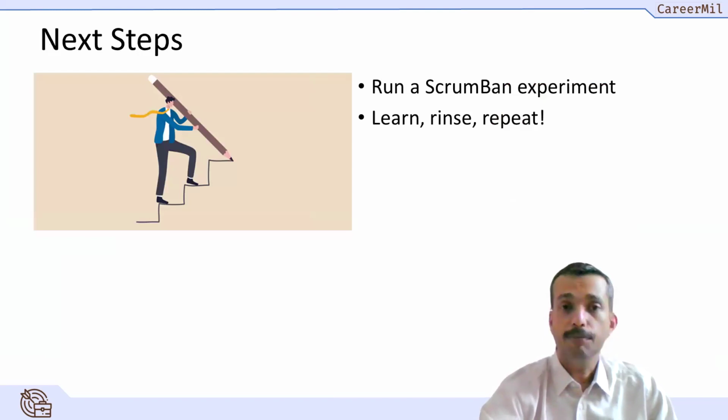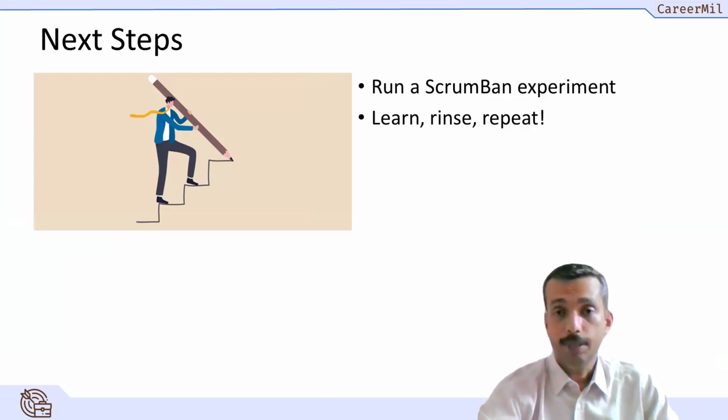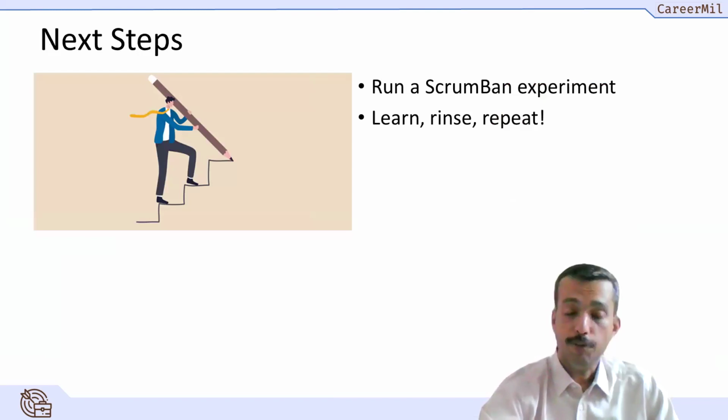Help the team first of all understand the need for it, and hopefully they're bought in. You run that, hear from everyone's experience, see what you can improve, and then repeat it. And maybe if it is working out, try for another team. Learn from every experiment that you're running.